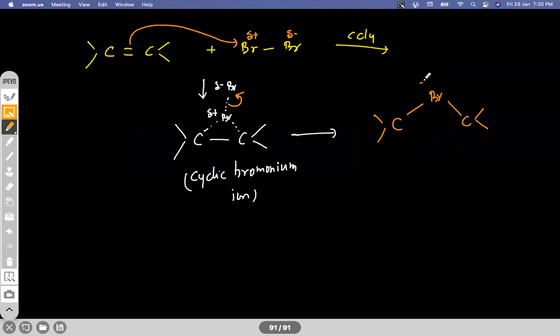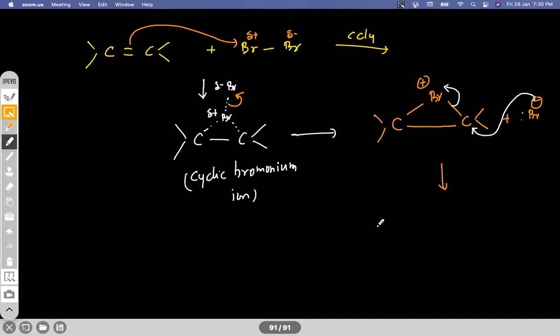Now in the next step, the Br minus that has come out will again attack one of the carbon atoms. Since it is a cyclic ring, it cannot attack from the same side. So it will attack from the back side so that the ring opens up.